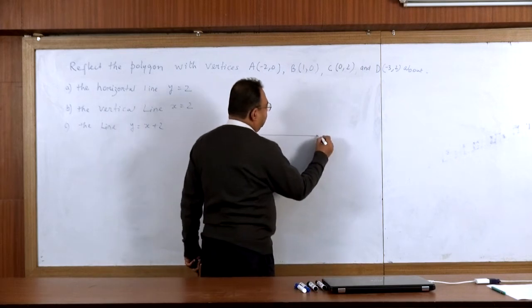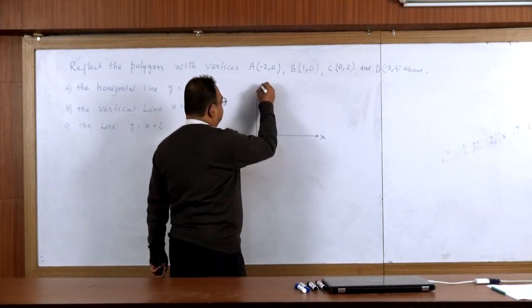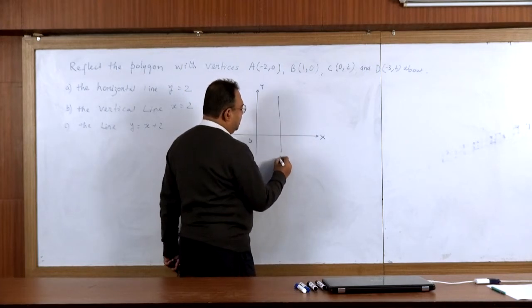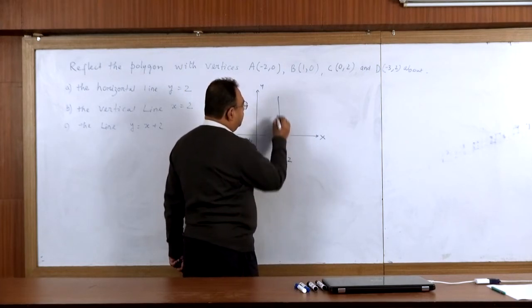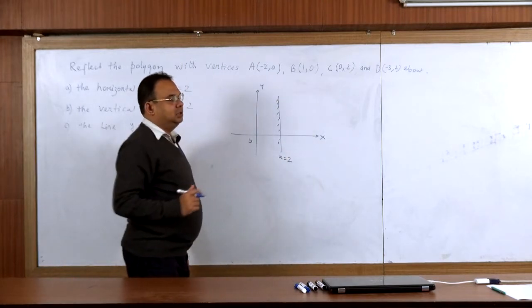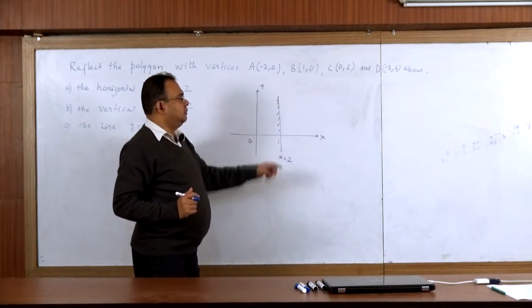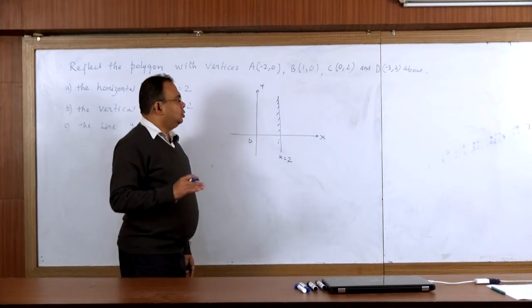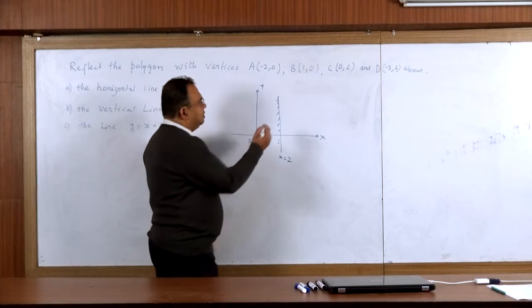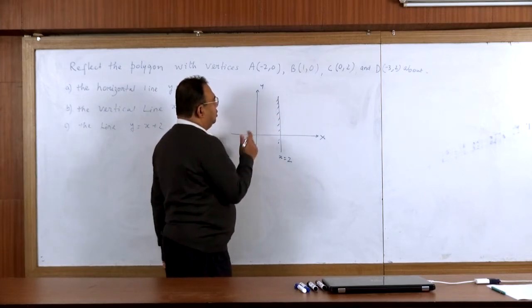If this is the Cartesian coordinate system and this is the reflector x is equal to 2, we want to take the reflection of this triangle with respect to this reflector. So, we have to give a transformation so that this reflector coincides with the y axis.